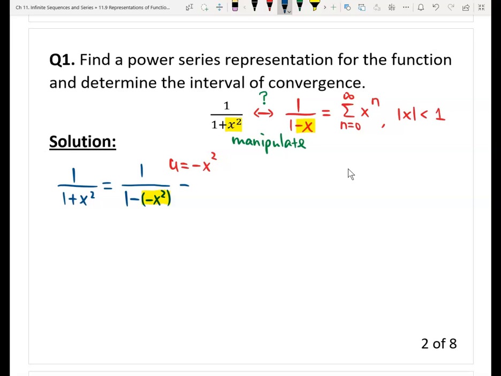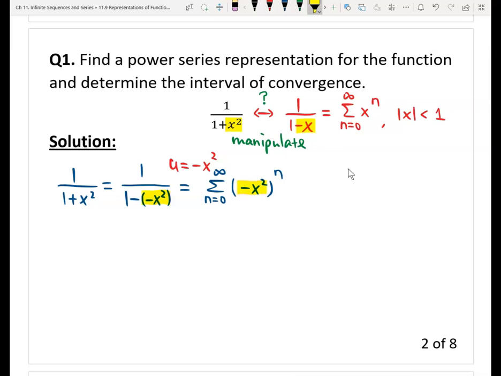Therefore, it is the form of the geometric series representation. Of course, we do not need to exactly put the u. I will directly see negative x squared as u, or as a term. Therefore, we can get the representation in this way: n starting from 0 to infinity, now no longer x, but negative x squared, right? Does this make sense?